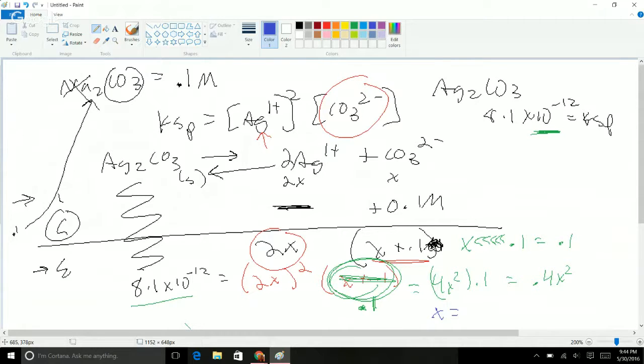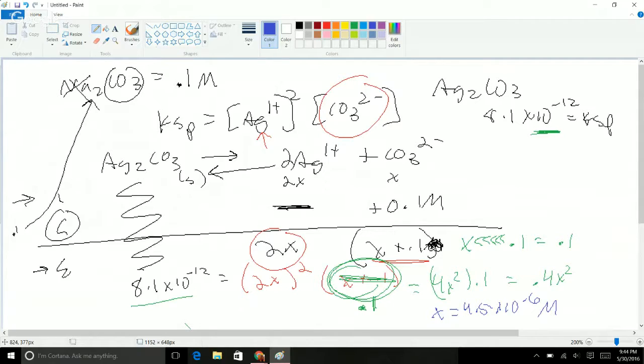I'm going to take 8.1 times 10 to the negative 12, divide that by 0.4, and take the square root of that. I get x to equal 4.5 times 10 to the negative 6 molar.